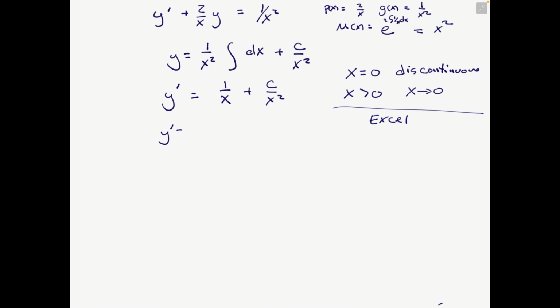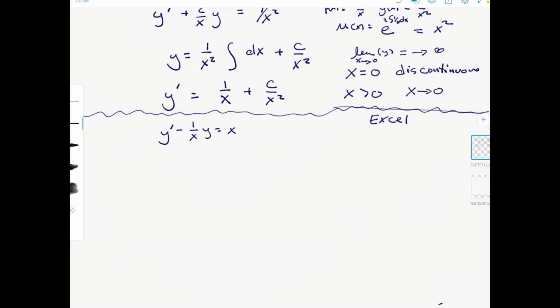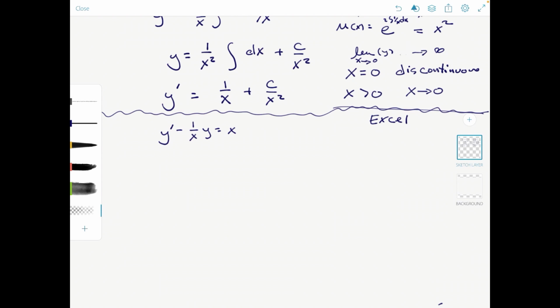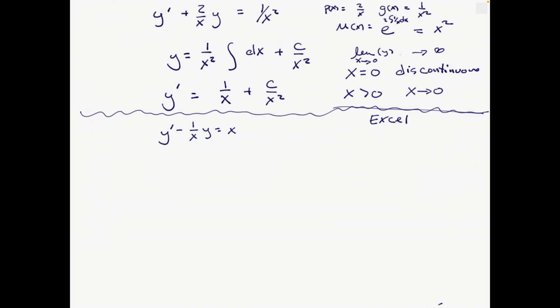y prime minus 1 on x, y equals x. That's the next problem. So let's separate these. And here the limit as x goes to 0 of y goes to infinity, actually, not equals.